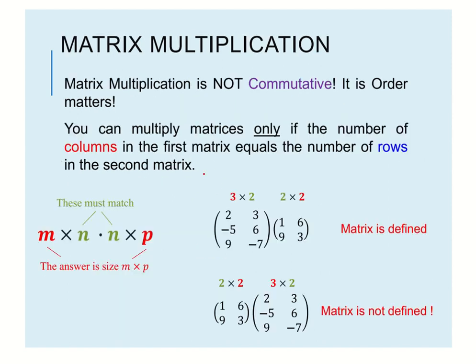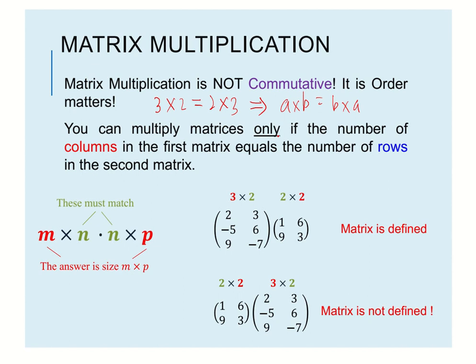Now, matrix multiplication is not commutative. Now, what is commutative? For numbers, we know that 3 times 2 is equal to 2 times 3. So it means that A times B is equal to B times A. We call that commutative.